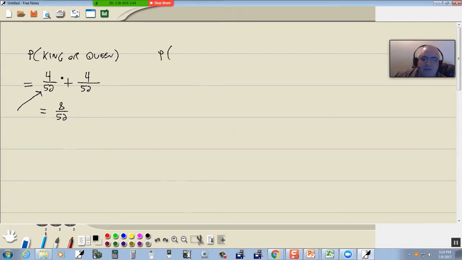Now, compare that to pull a card out. It's going to be a heart or it'll be a king. So we got 52 cards, 13 of them are hearts. Or is always addition. Then we got 52 cards, 4 of them are kings. Now there's a problem with what we have come up with here.